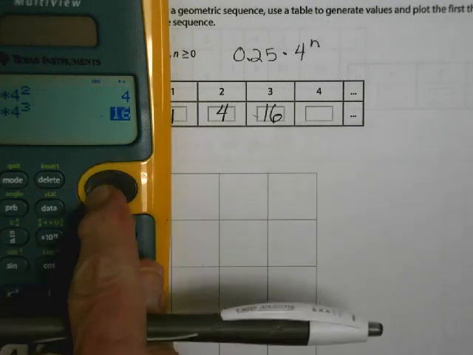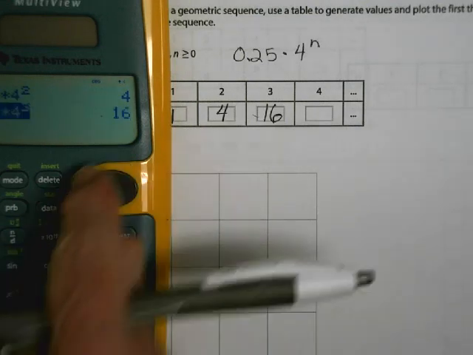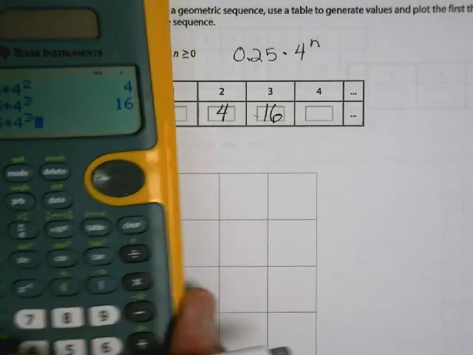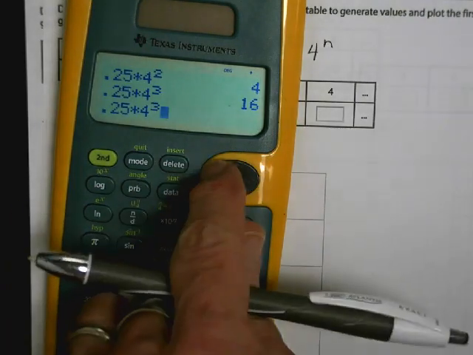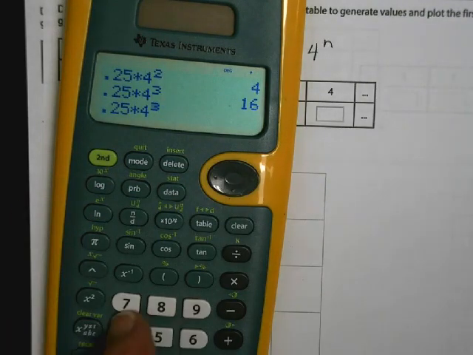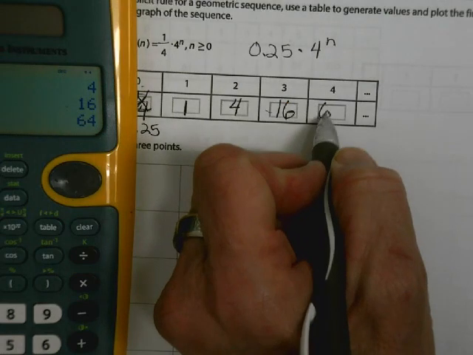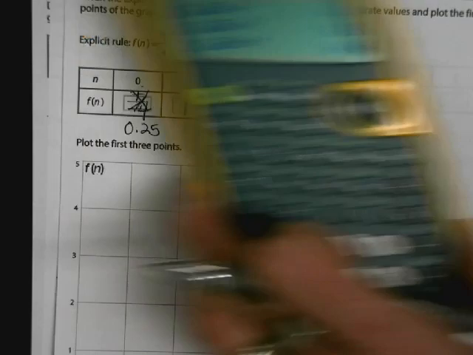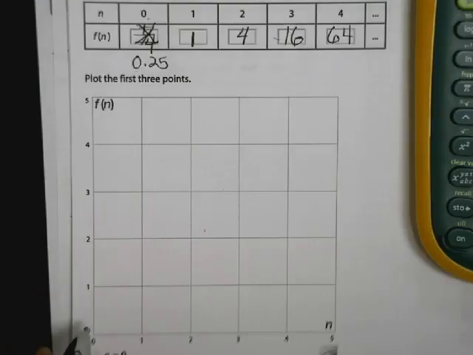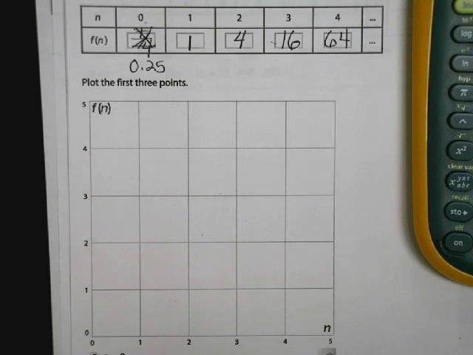Make the calculator help you. Let me check answers. Okay, so I can put in here, just back it up to put a 4. And got those done, 64.